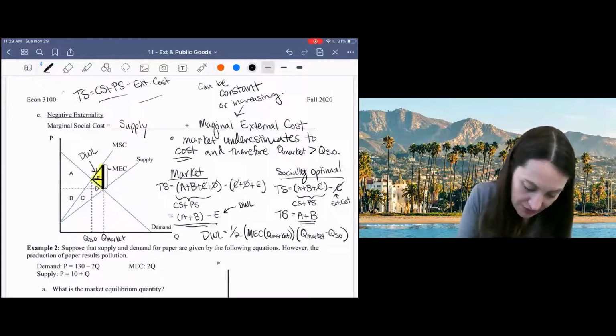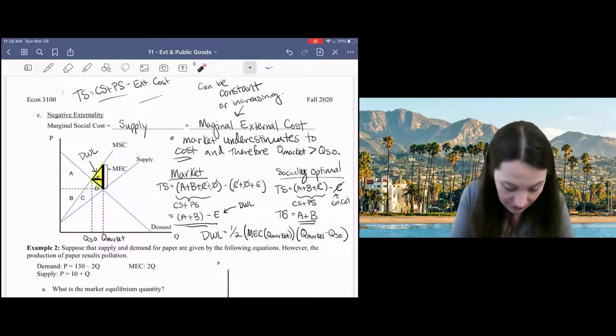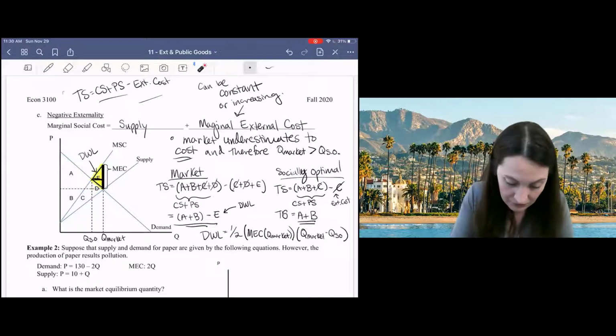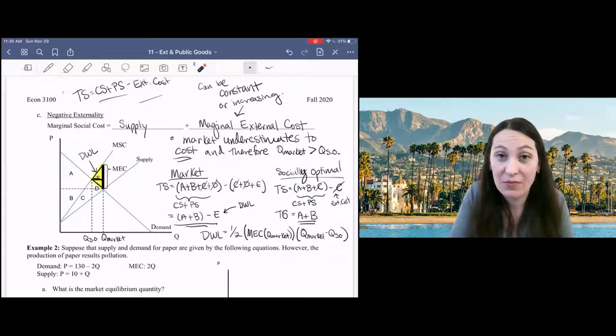Now, it's important here to make sure that you're evaluating the marginal external cost at the market equilibrium, because you can see that it's different depending on the quantity you produce in this example. In fact, it's bigger here for triangle E than it is here for triangle D. Okay, so we have to pay attention to that when we don't have a constant marginal external cost.